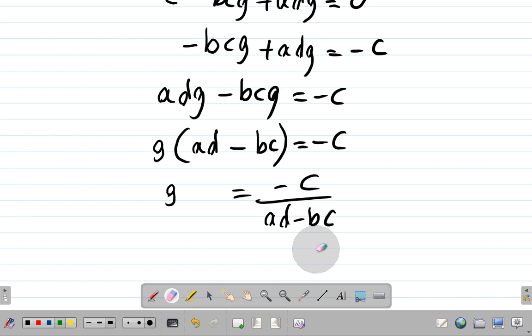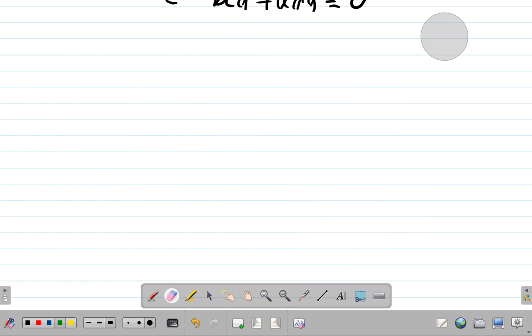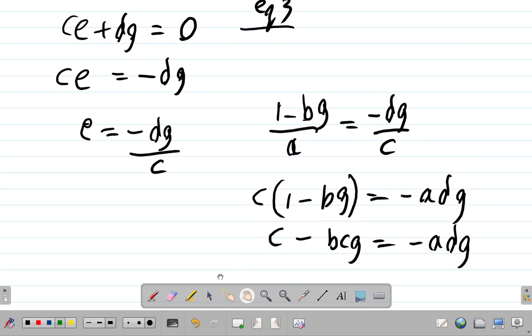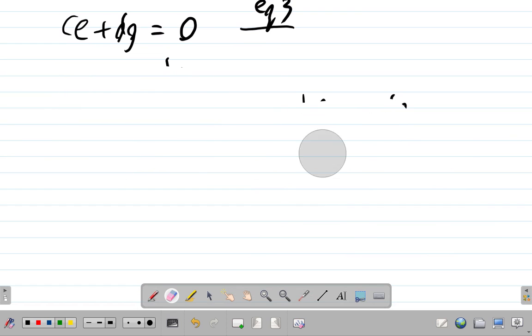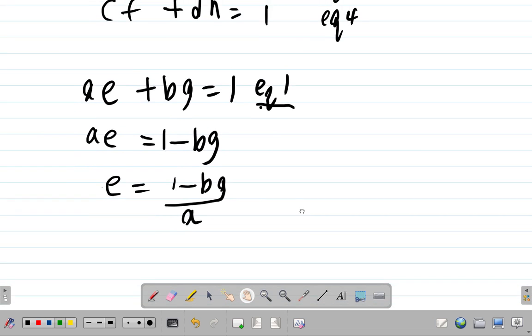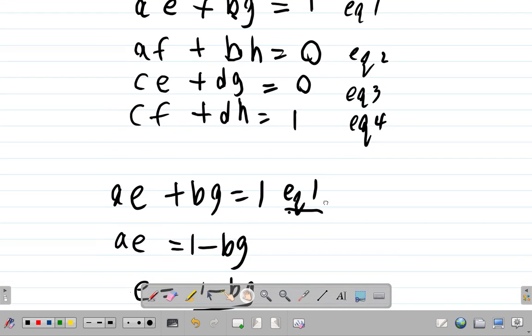Now, let's do some erasing. Clean parts off the board and reuse it. We found two of the elements in the inverse so far.